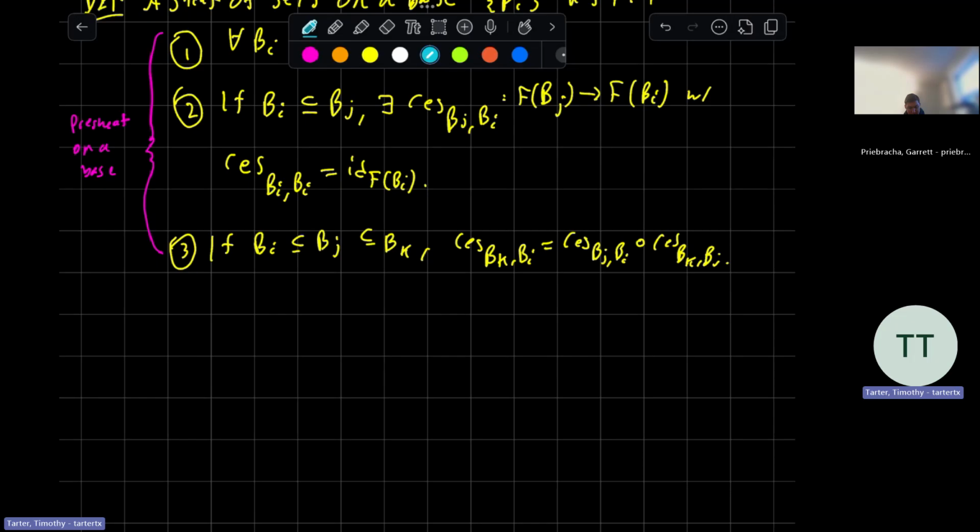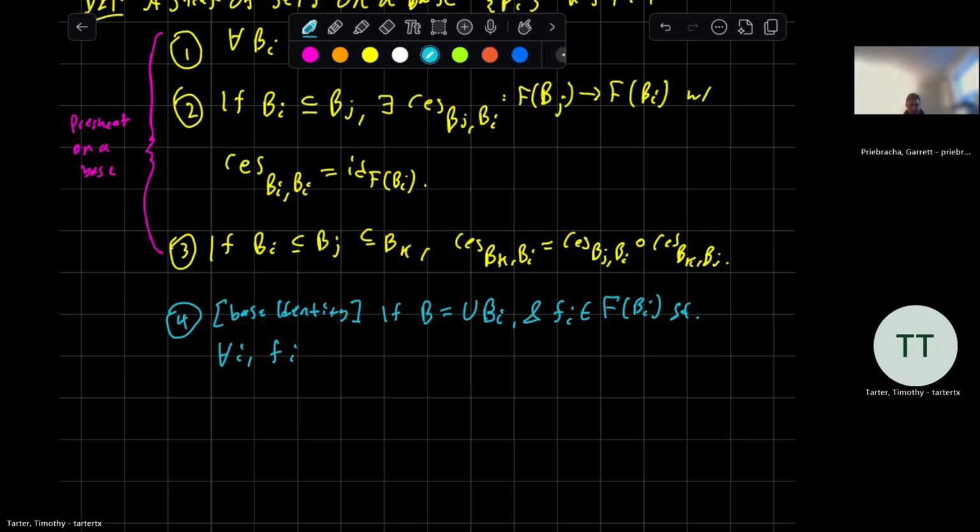And then, of course, to complete the rest of it, we have the base identity axiom, which is our analog of the actual identity axiom, that if B is equal to the union of B_i, and we have F_i in the base section on B_i, such that for all i, F_i equals F_j on any U open in B_i intersect B_j.